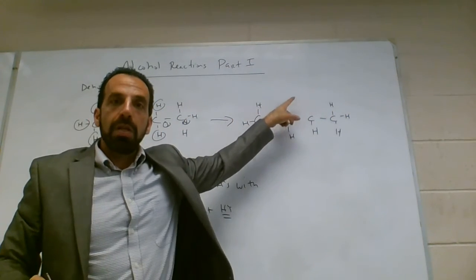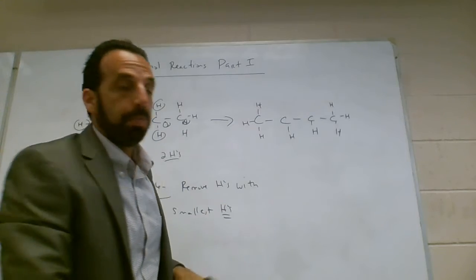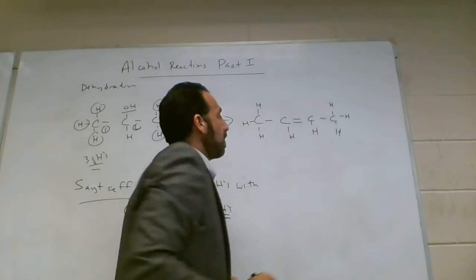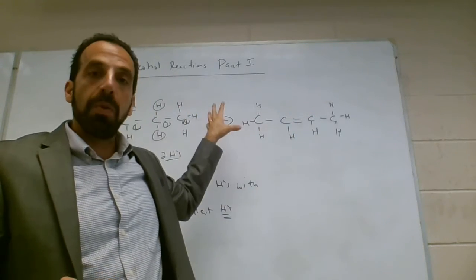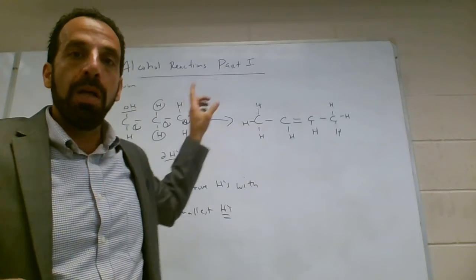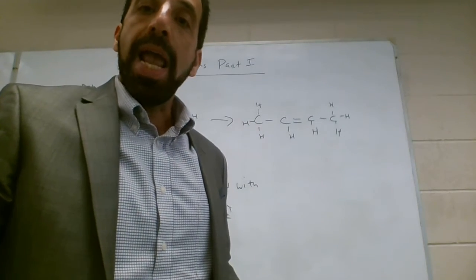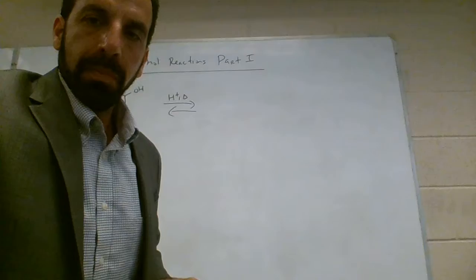So I've lost an OH, I've lost an H, I'll make a double bond to complete it, to make 4 bonds. And then we're set. So now we're set with 2-butene. So I'm going from an alcohol to an alkene.